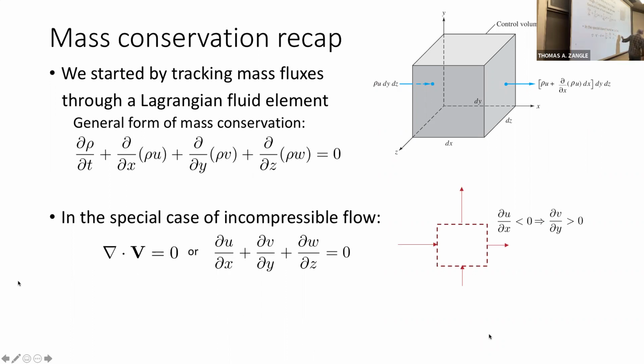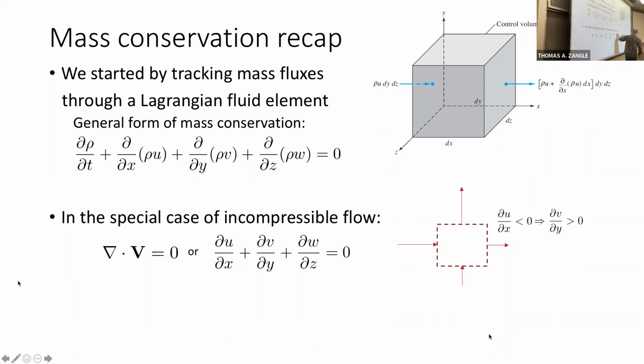This is basically saying that if the velocity coming into this control volume in the x direction is larger than the velocity leaving in the x direction, so the fluid is slowing in this direction, then that has to be balanced out by the fluid accelerating in this direction.